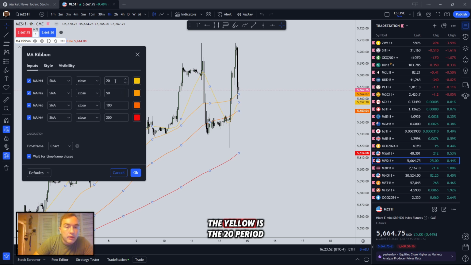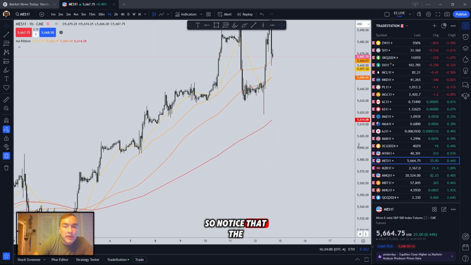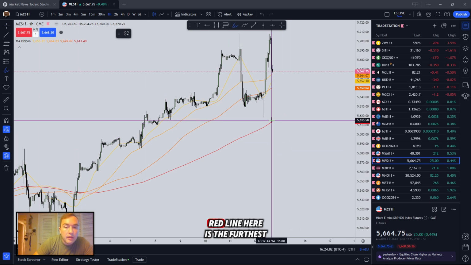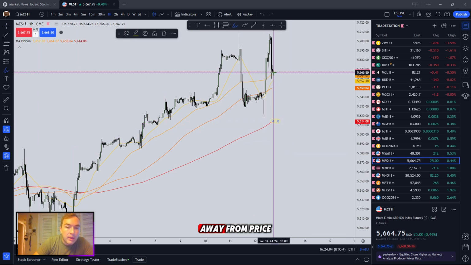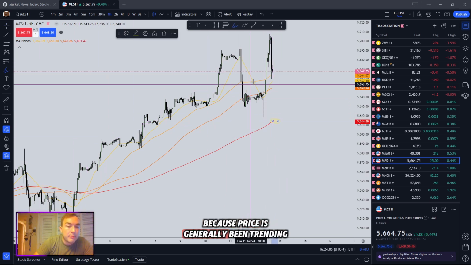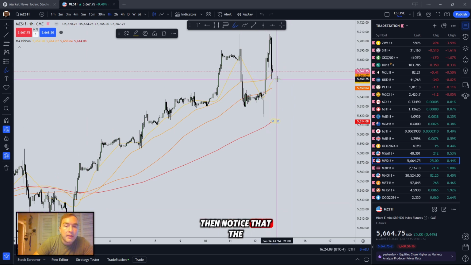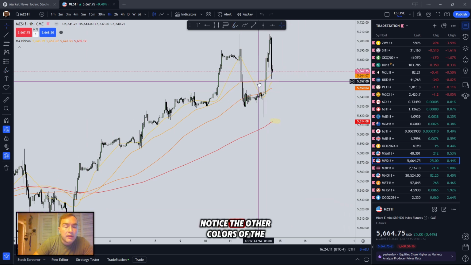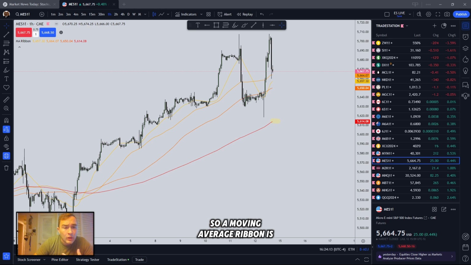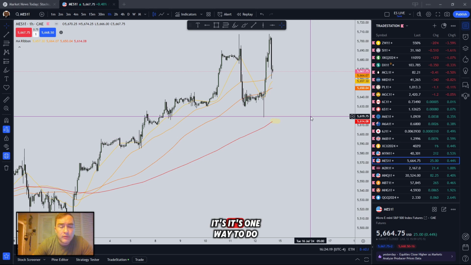The yellow is the 20 period, the orange is 50 hours, the darker orange is 100, and the red is 200. Notice that the red line is the furthest away from price because price has generally been trending higher. So a moving average ribbon is one way that you can analyze price trends. Not the way that I do it, but it's one way to do it.